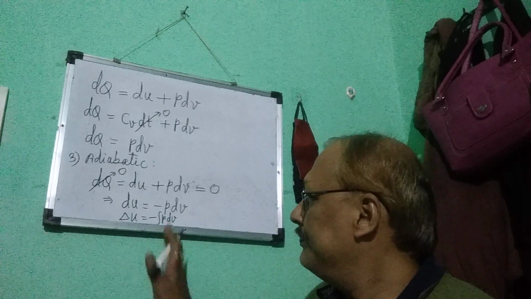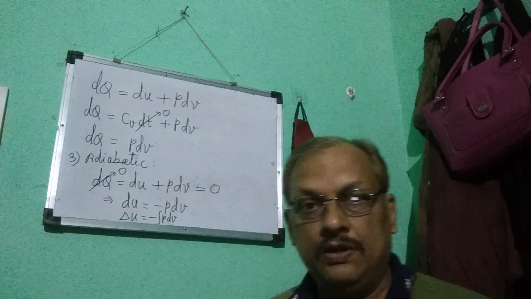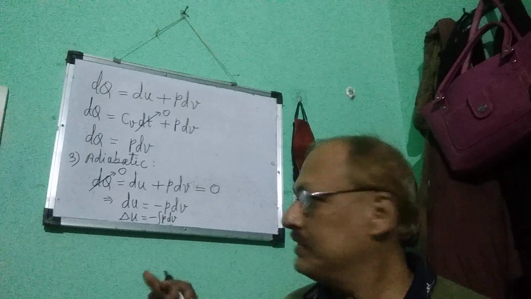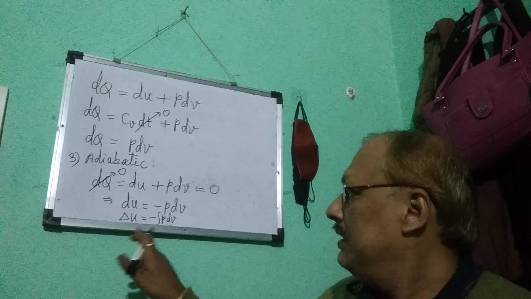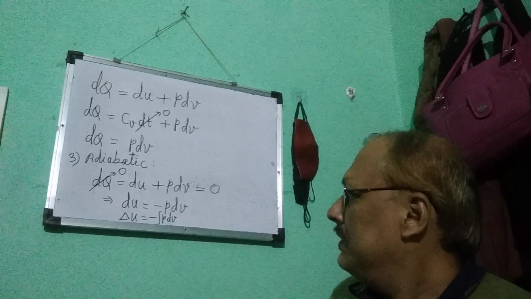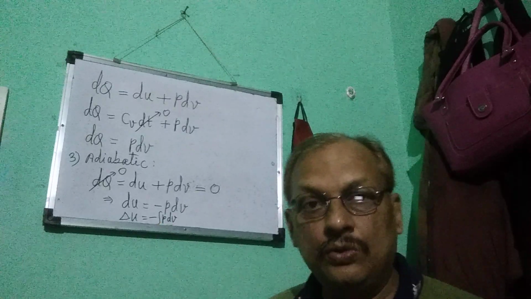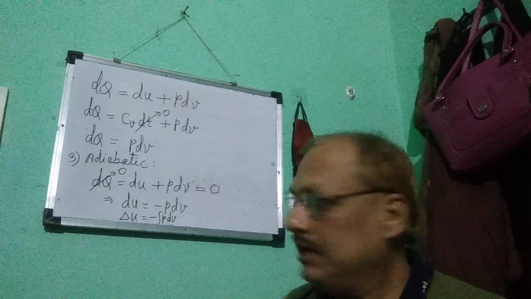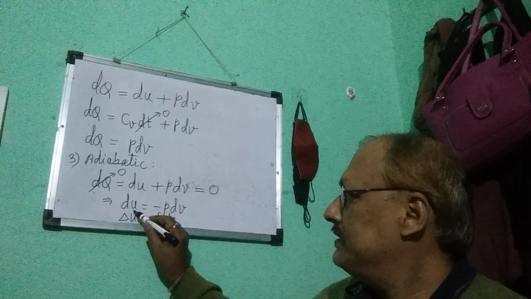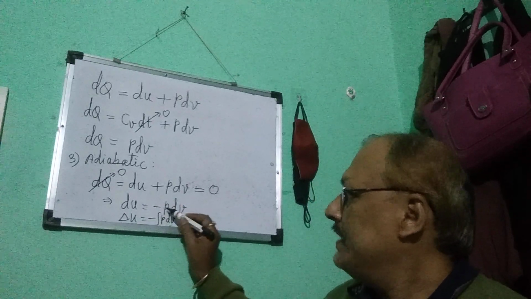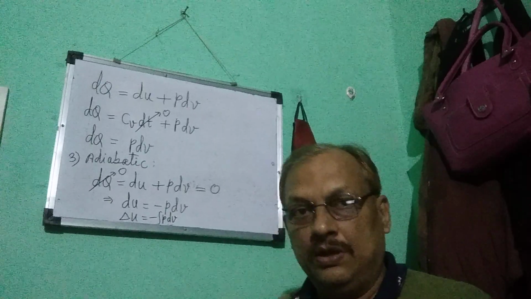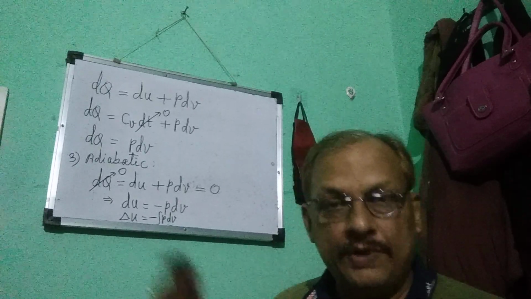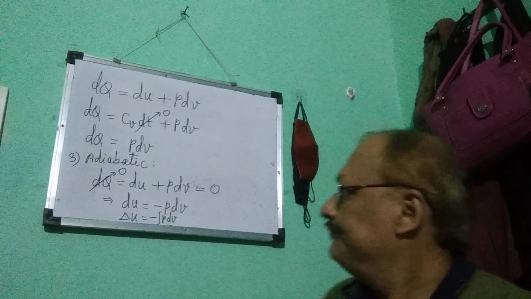That pdv we have to put from the gas equations and solve. Any unknown quantity could be found. So in general, internal energy change is equal to minus pdv. We will discuss pdv work more later on.